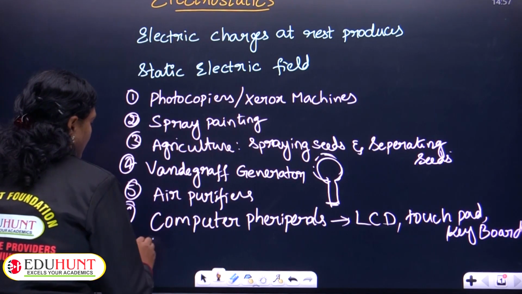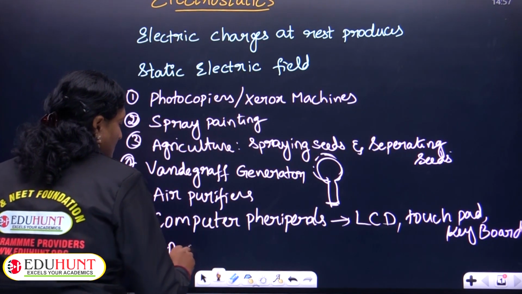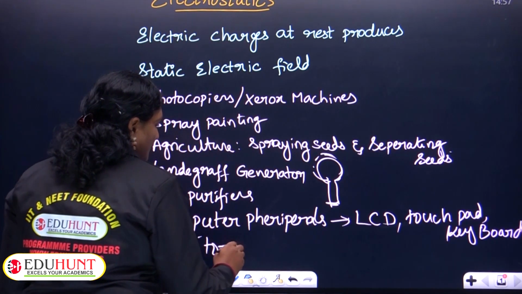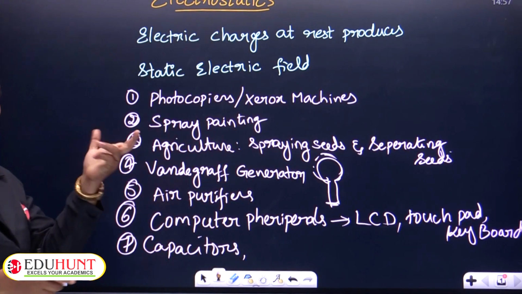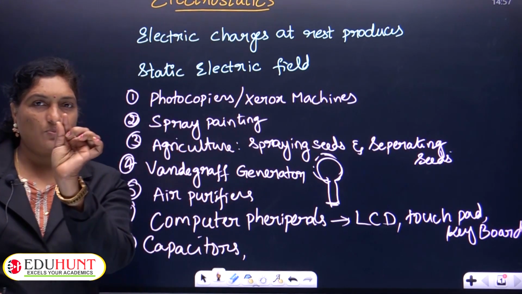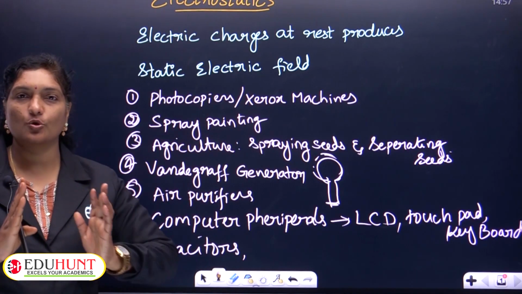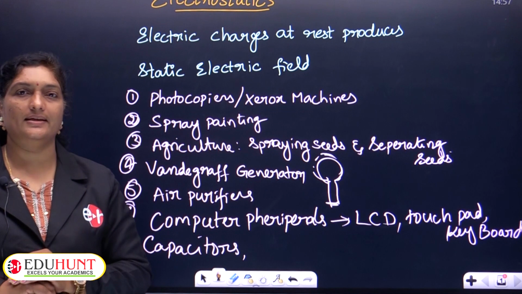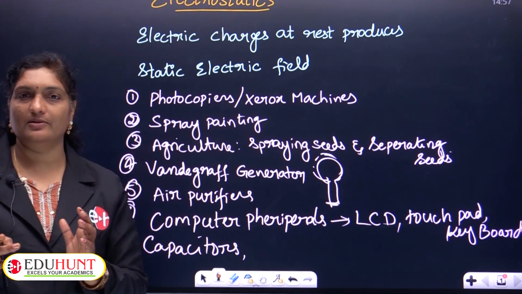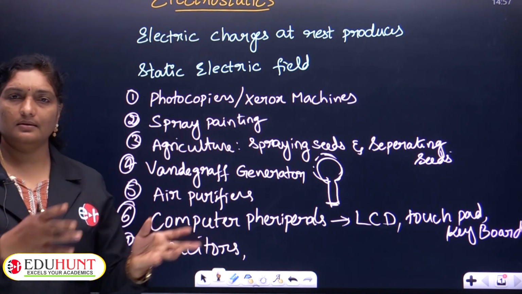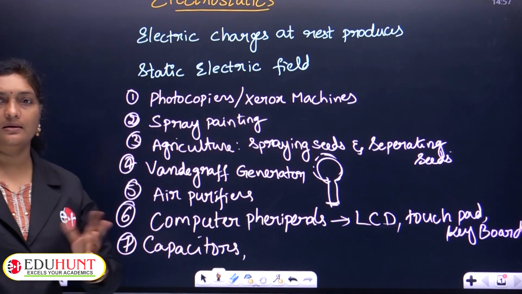Even in the field of capacitors. Inside the fan and all, many electronic devices, small capacitors will be there. What is exactly present in the capacitors? Inside, two plates will be there, separated by a certain distance, and the charge is being given to that, and hence charges at rest are being considered.